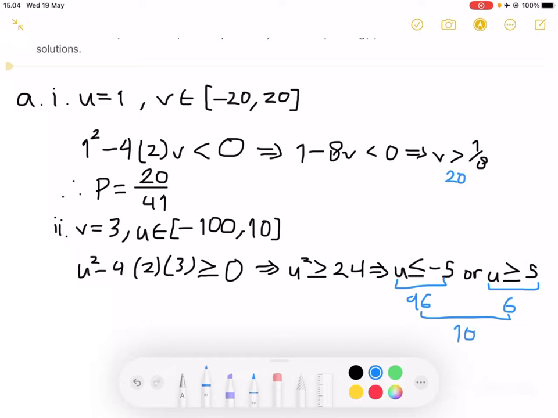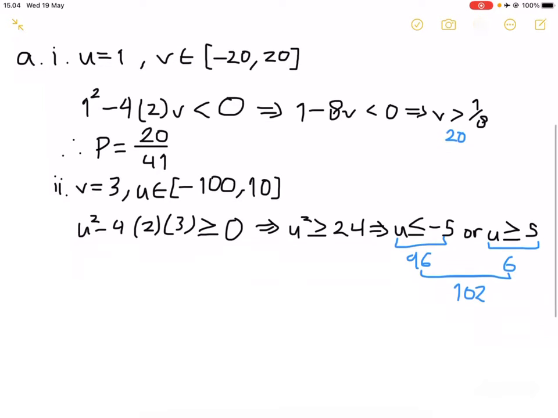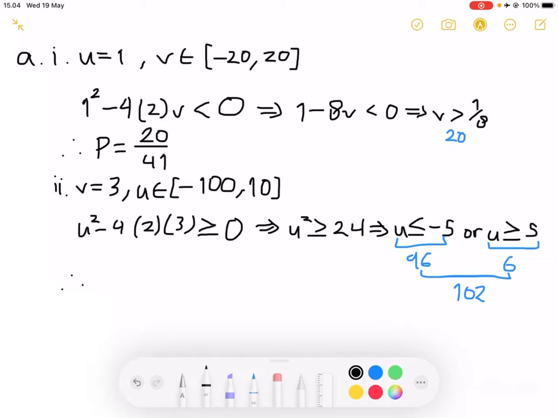Let me just write that neatly for you guys. Hence, our probability will be equal to 102 over 111, where 111 is the number of integers in this interval right here.